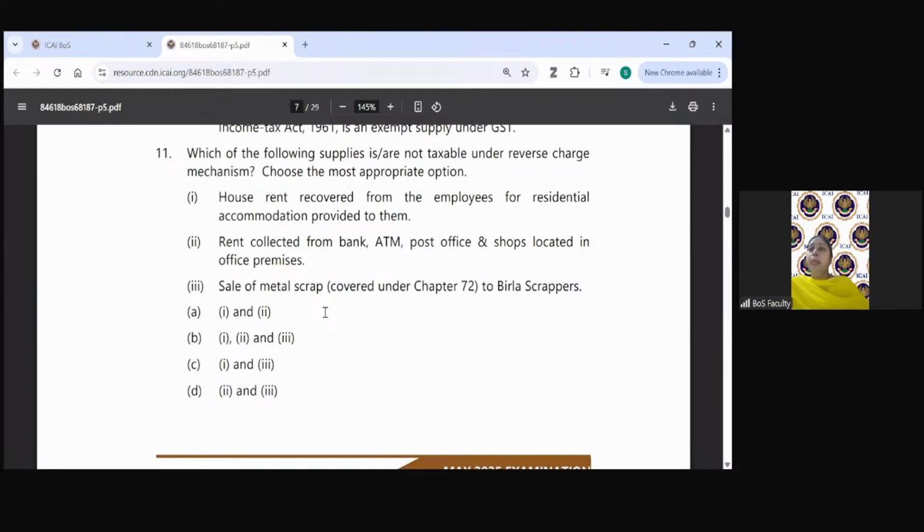Rent collected from bank, ATM, post office, and shops located in office premises. Sale of metal scrap covered under Chapter 72 to Birla scrappers. Now, out of this, which combination of supplies is not taxable under reverse charge? One of these entries we had already covered. Other two, in fact, you have to see.